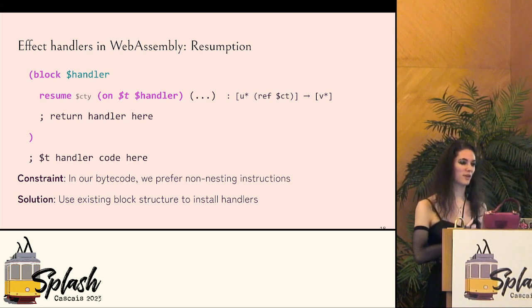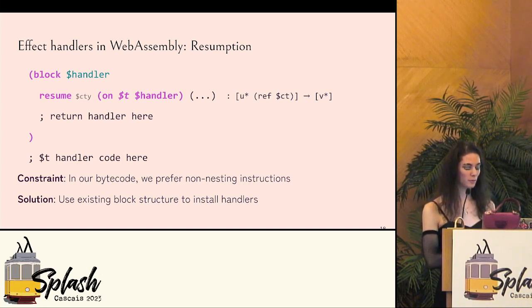And because of how blocks and branching work in WebAssembly, what I've written here actually associates the final line as the handler for the T operation, because it's the end of the handler block. And when we return, control passes directly after the resume instruction. So we can think of our return handler as simply following the resume instruction. That's highlighted as well.